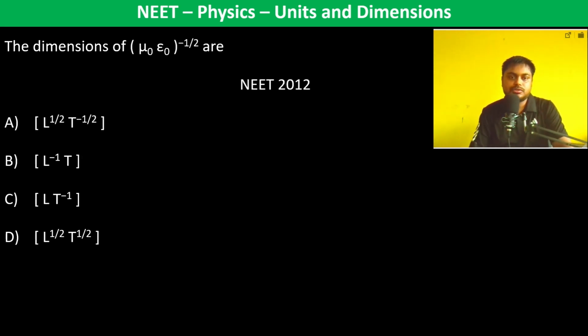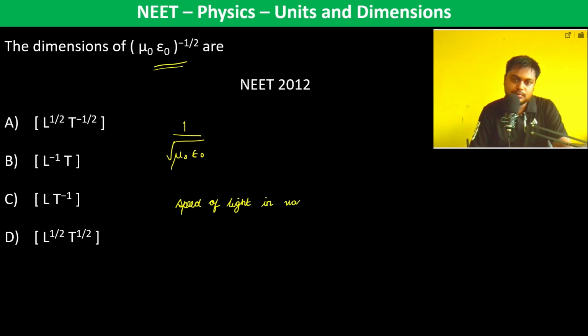The dimensions of 1 by root over mu naught epsilon naught is what? So this we have to memorize, okay, that the speed of light in vacuum, which comes out to be 3 into 10 power 8 meter per second, is basically 1 by root over mu naught epsilon naught.